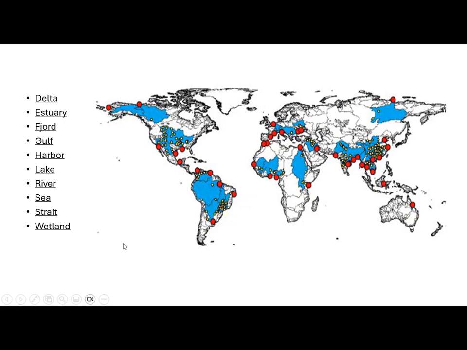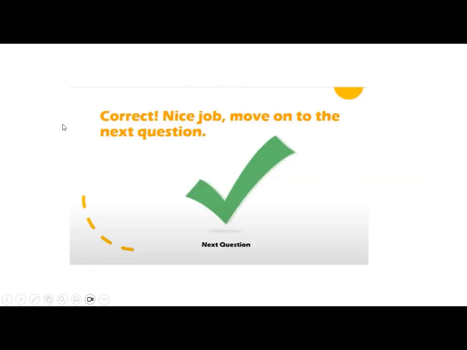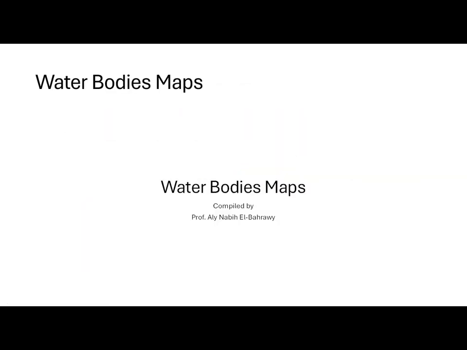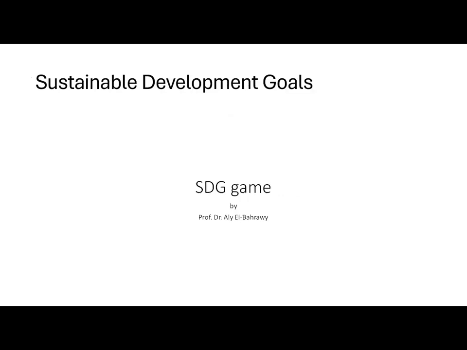Correct. And this one has to do with cities on the sea. I think this is harbor. No, not harbor. We can say this is estuary or delta. Delta, correct. Now we finish the water bodies maps.